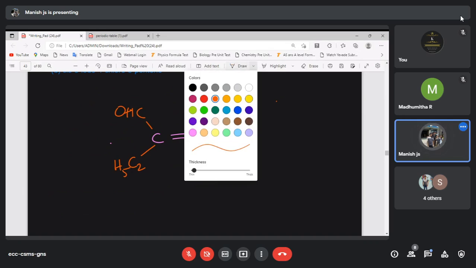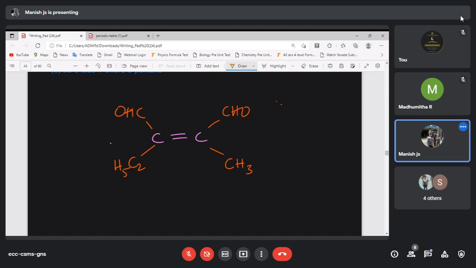Just try naming this. What will be the IUPAC name of this? Correctly get the name. Yes, I hope you are trying.